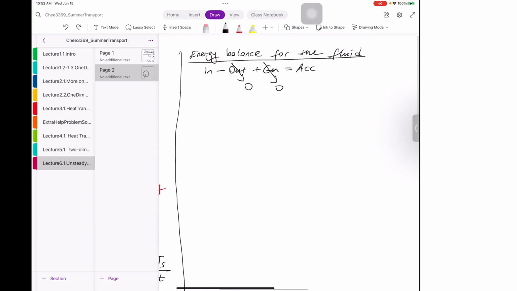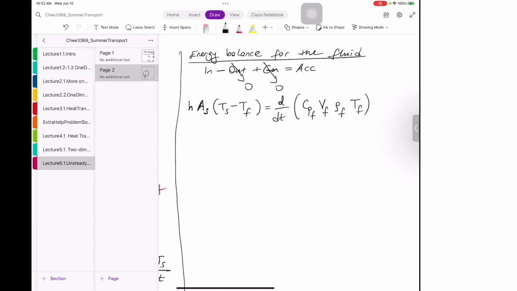So basically you have the same term there, h times area of the sphere times T solid minus T fluid, is equal to d over dt of Cp of the fluid times volume of the fluid times density of the fluid times the temperature of the fluid.